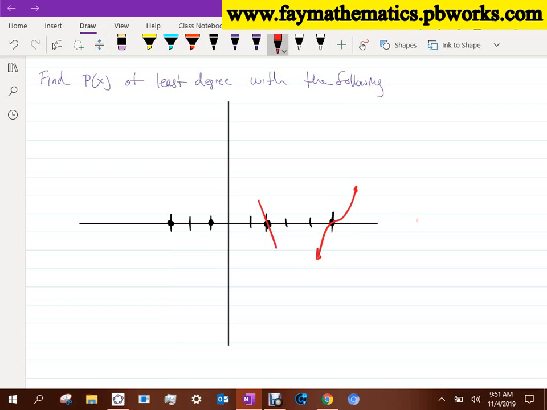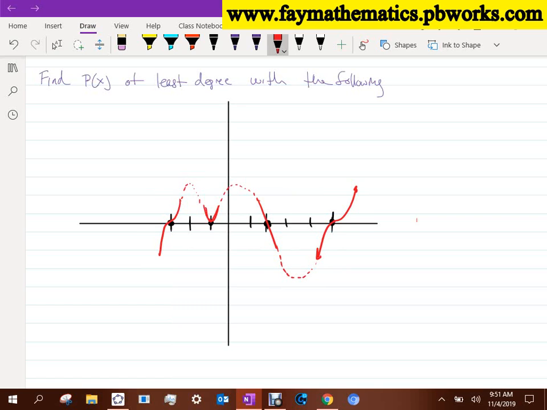It's going to look like that there. I'll kind of fill in the gaps. So that's what my graph looks like. And I'll give you something like that.